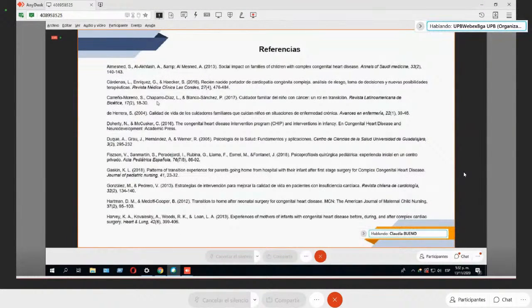So this is the structure and design of the program that we are developing from the Promesa program, and we want to keep on doing this in the future. Thank you very much for your attention.